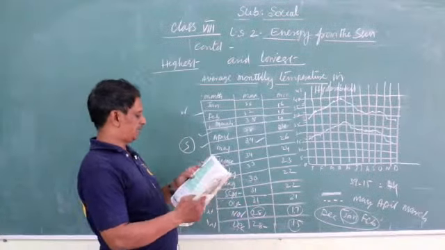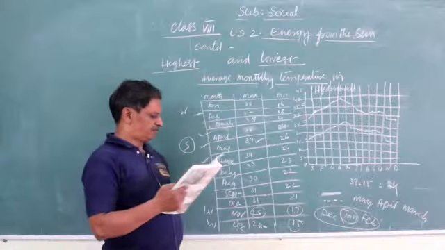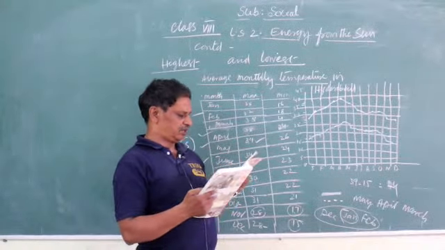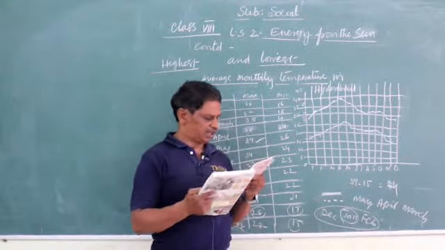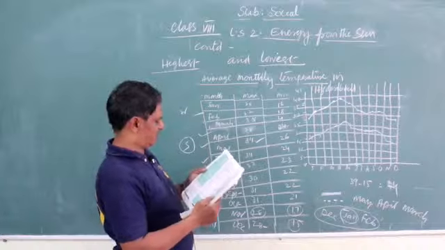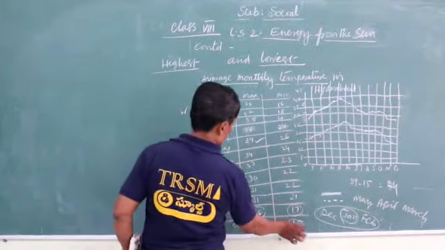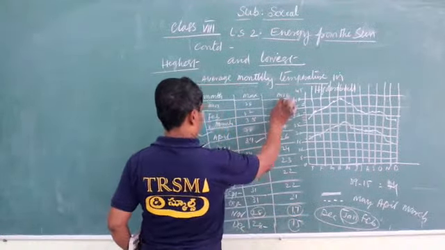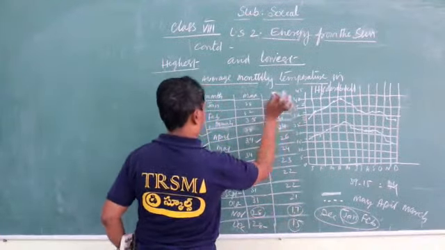Okay, the next question is, from June through December, the average minimum monthly temperature keeps falling in Hyderabad. From June, December, January, November, February.